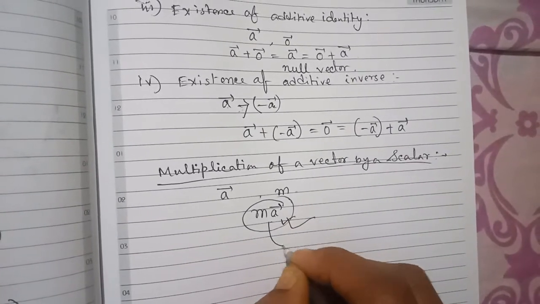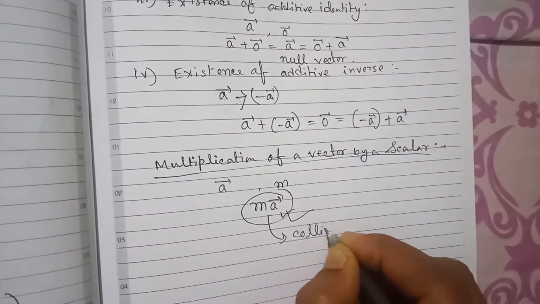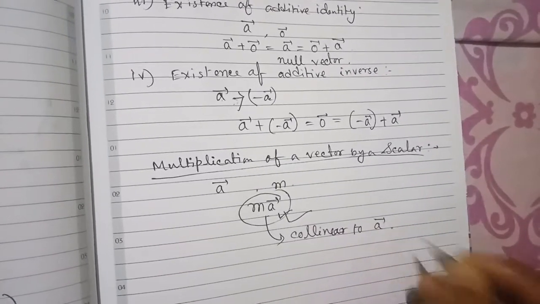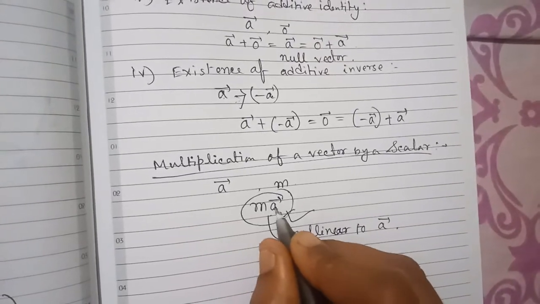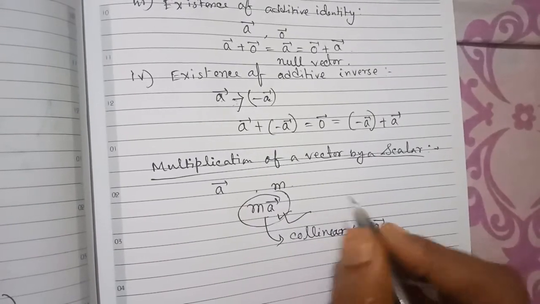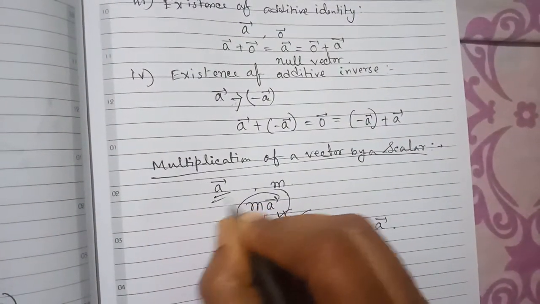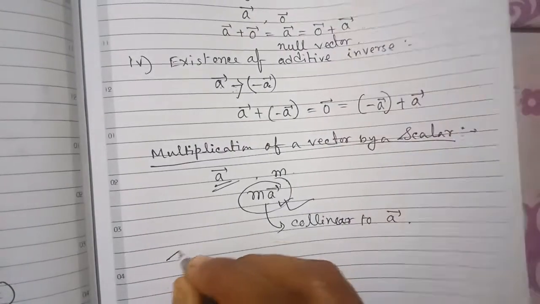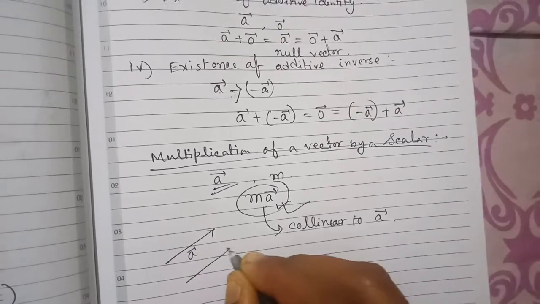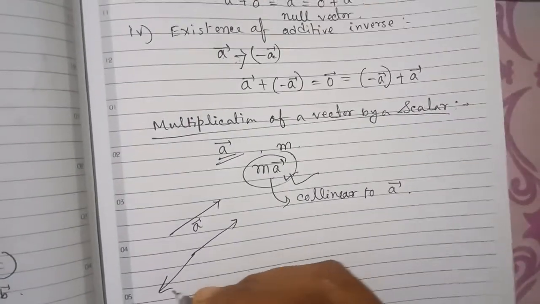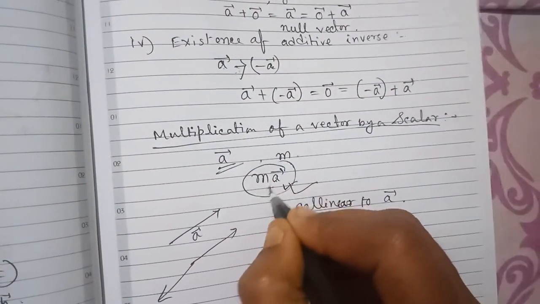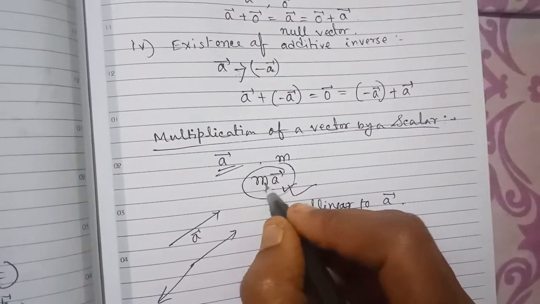This m A vector will be collinear to A vector. M A vector has the same direction or opposite direction to the vector A. Suppose A vector is going in this way, m A vector can go this side or this side, according to the value of m, whether it is positive or negative.